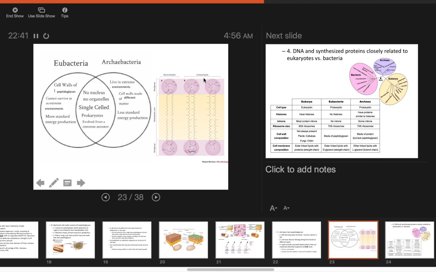In archaea, notice that they are covalently linked, so they're monolayer. That's what they mean by monolayer. However, there are some species that do have a bilayer. But monolayer is probably the most distinguishing factor between them and bacteria.